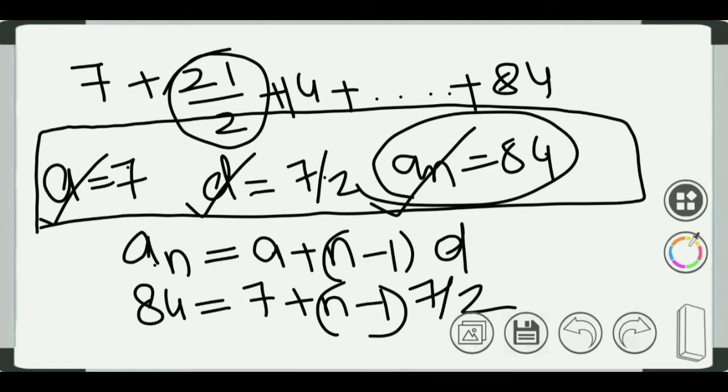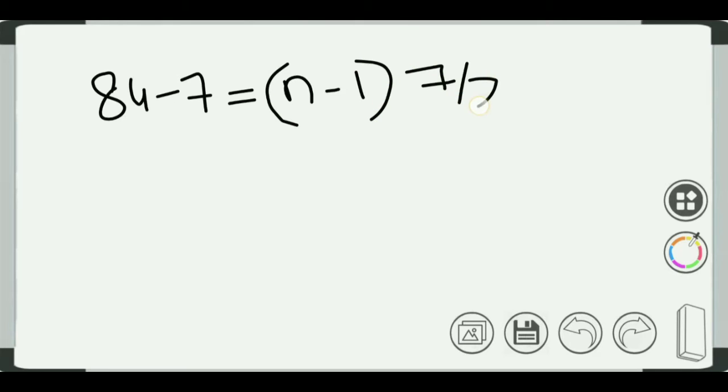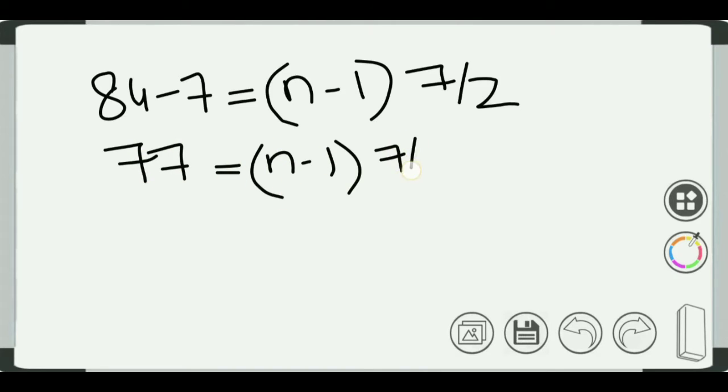I am taking this 7 this side. When I take 7 this side, it becomes minus 7. So 84 minus 7 equals n minus 1 into 7 by 2. 84 minus 7 is 77 equals n minus 1 into 7 by 2.